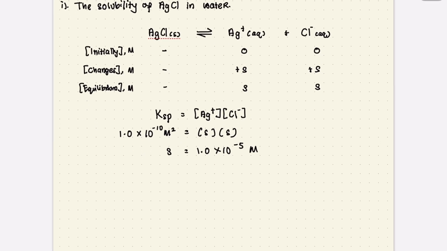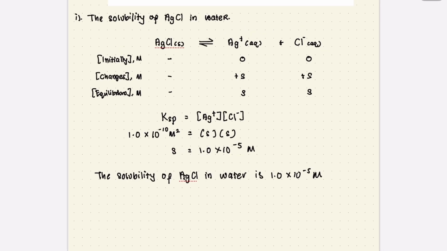So we can conclude that the solubility of argentum chloride in water is 1 exponent negative 5 molar. Okay, so this is it.